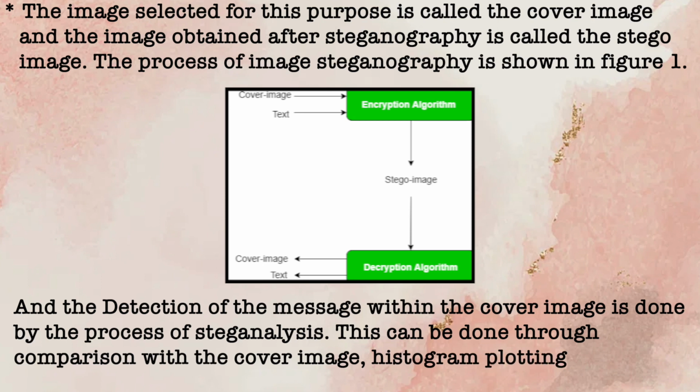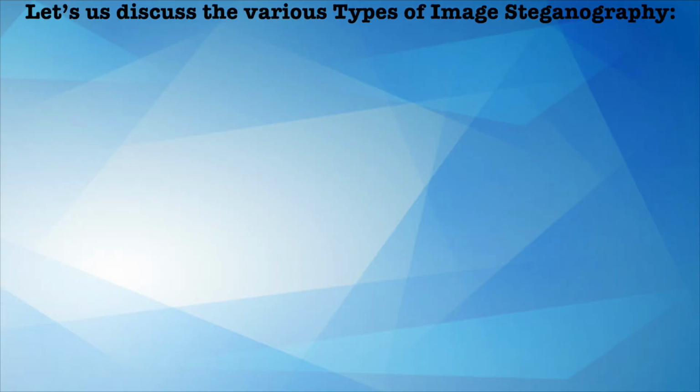The detection of a message within the cover image is done by the process of steganalysis. This can be done through comparison with the cover image, histogram plotting, or noise detection. So, a steganography technique involves hiding sensitive information within an ordinary, non-secret file or message so that it will not be detected.